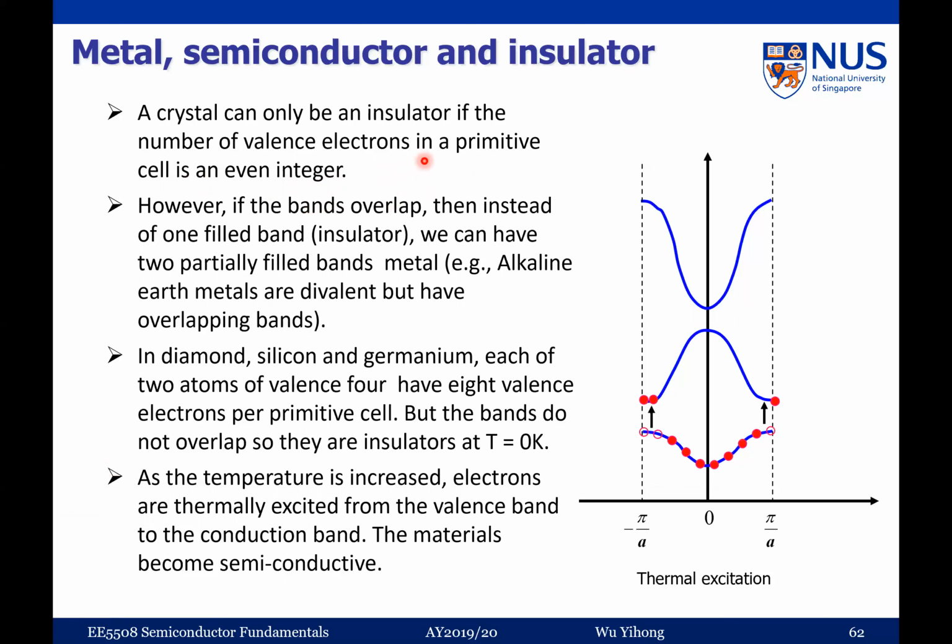If it's not even, you either have the case that it is partially filled, or you fill up the first mini band and then move on to the second mini band, which will be partially filled, right? If the number of valence electrons in the primitive cell is an even integer, then you won't have any vacant states in the same mini band for electrons to move. So in this case, you get an insulator, right?